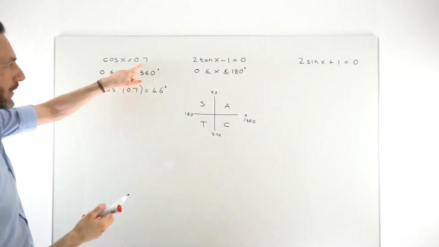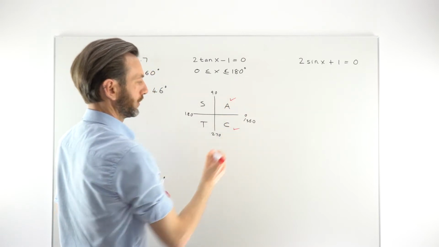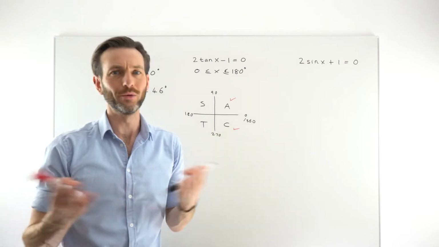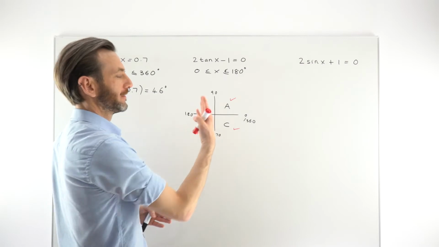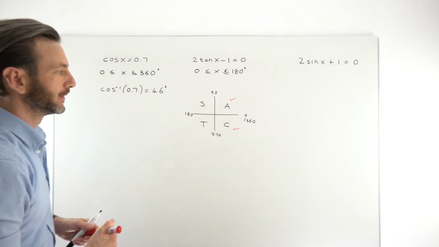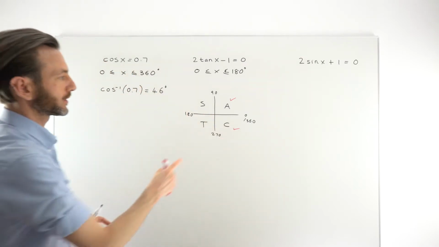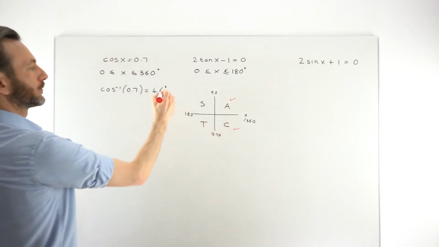It's all about whether this is positive or negative, so we're going to check the two positive cosine quadrants. That tells us the solution should be between 0 and 90, which is where that one is. So that's our first solution.